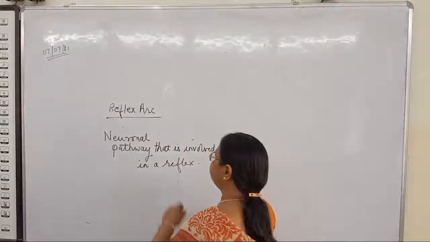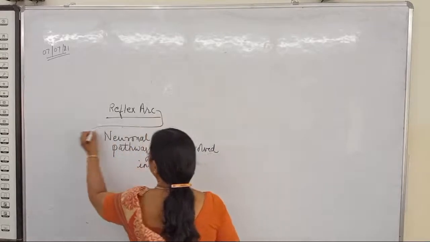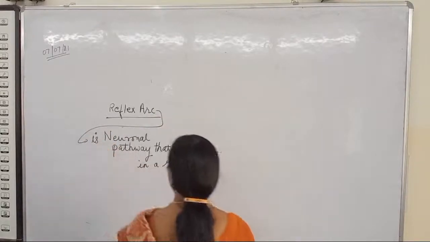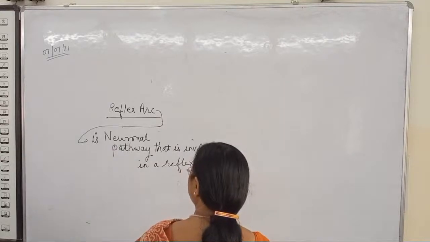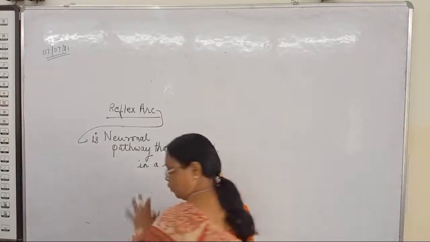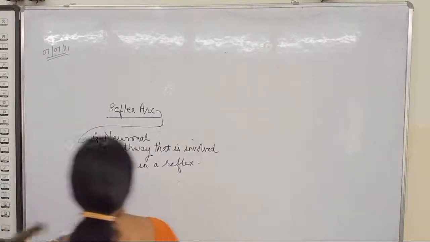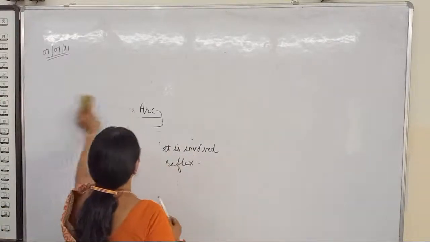So what is reflex arc? Reflex arc is the pathway that is involved in a reflex. Now we will see this with a very good example of knee jerk, knee reflex.